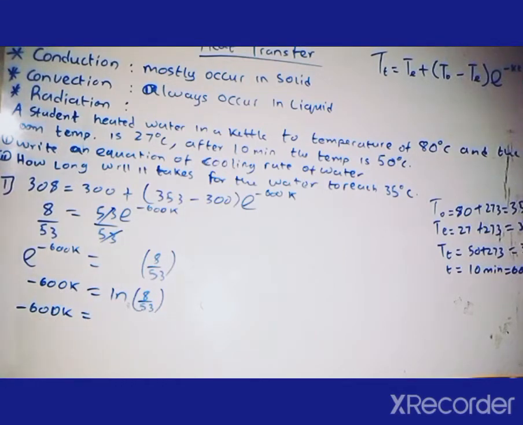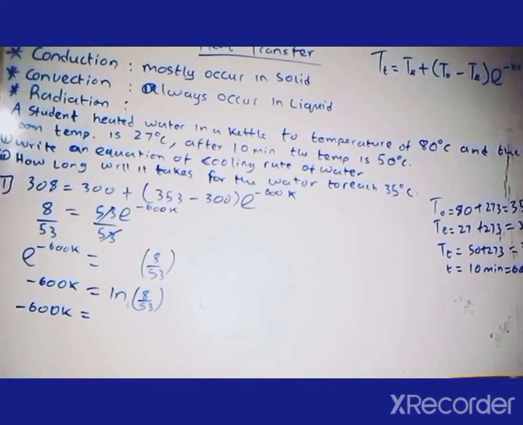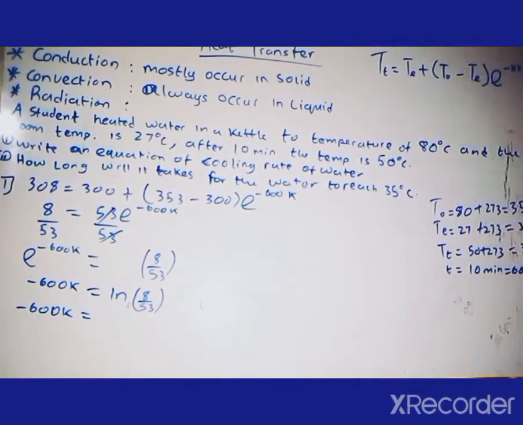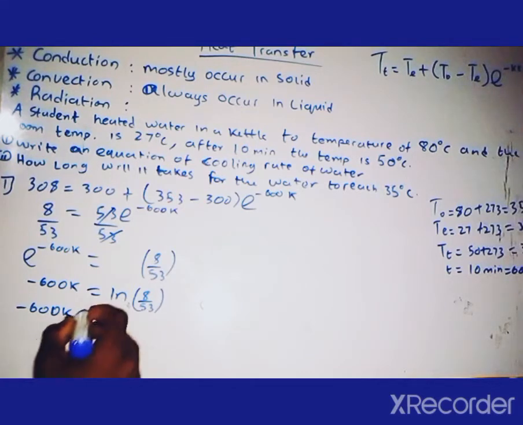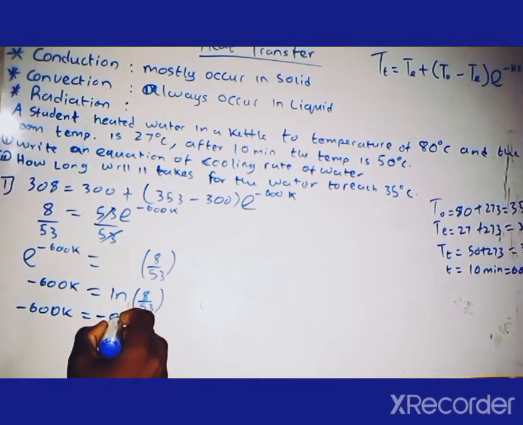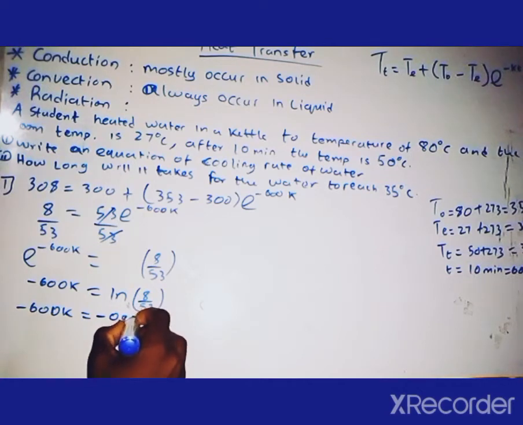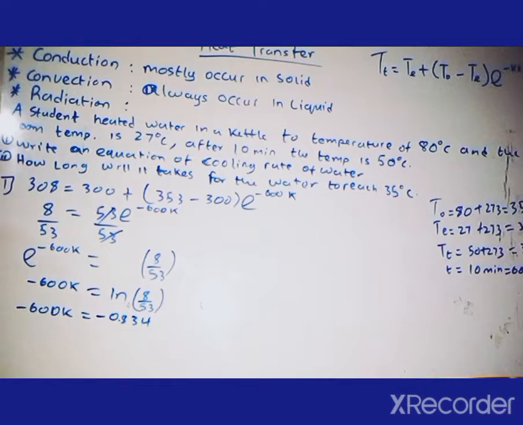Pressing this into the calculator, it should give us minus 0.834, minus 0.8349.